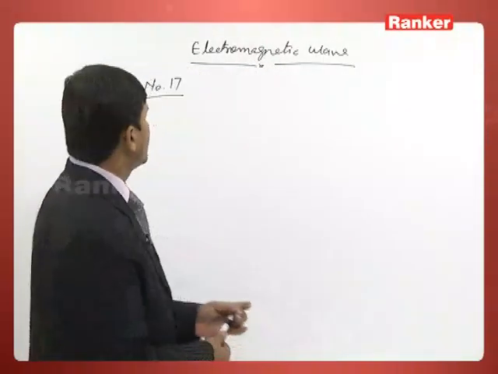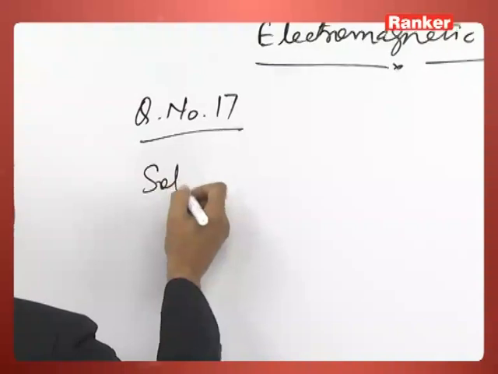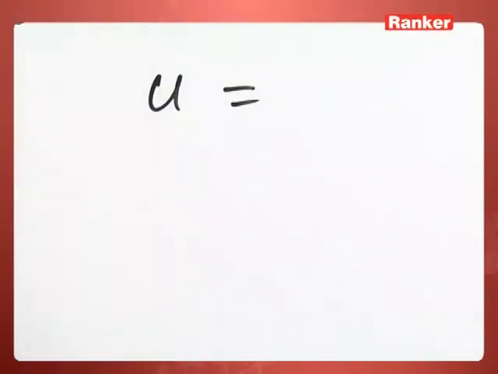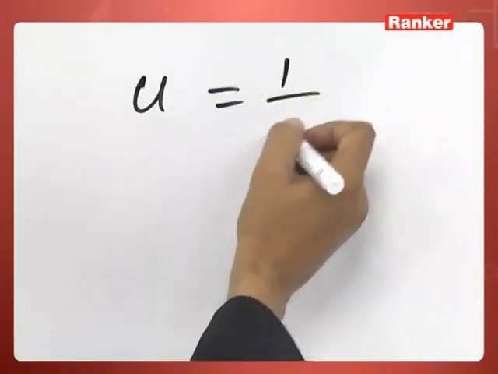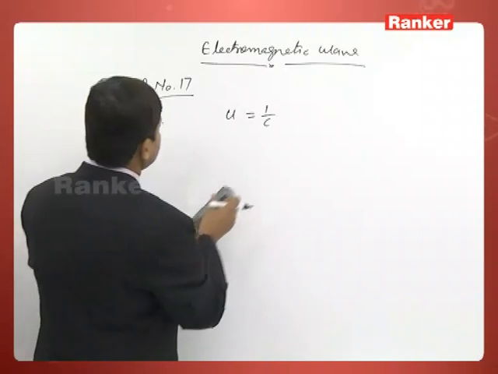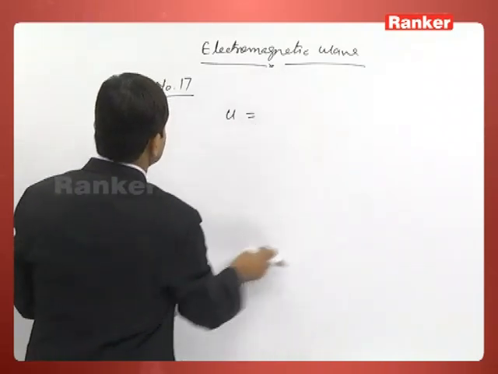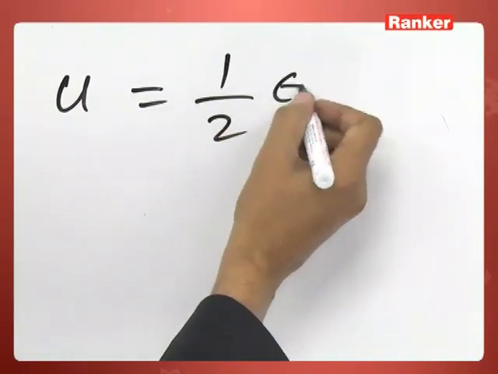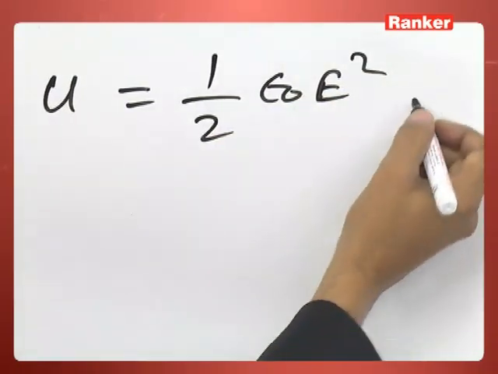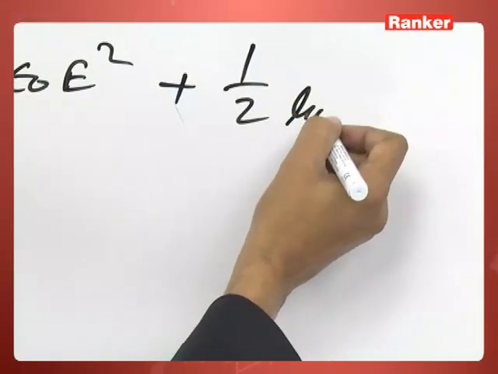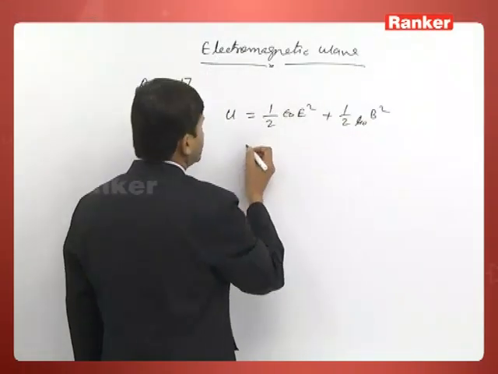See, as we know, energy density, that is energy per unit volume, is written as 1 by 2 epsilon naught E square plus 1 by 2 mu naught into B square.